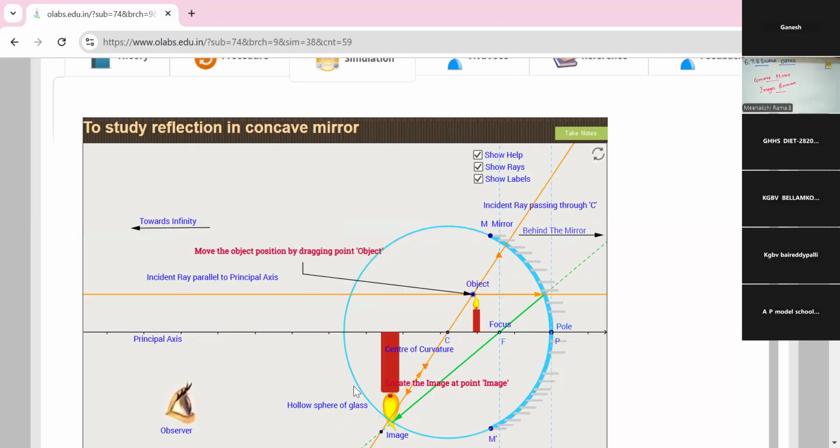Yes, inverted images occur when we keep the object between C and F. This is the real image. A real picture occurs. The real and inverted image, the reversed picture, occurs when we keep the object between C and F.